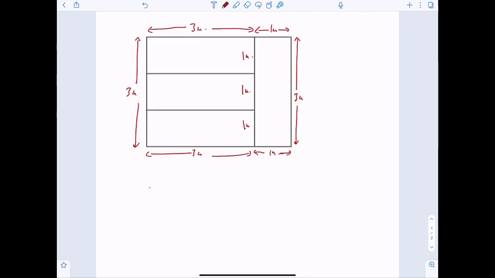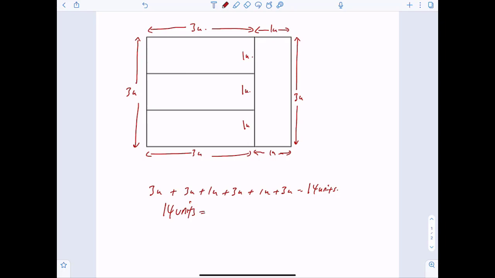Alright, so let's do that. 3 units plus 3 units plus 1 unit plus 3 units plus 1 unit plus 3 units is going to be equal to 8 plus 6, so that will be 14 units. Or you can just take 4 plus 4, that's 8, 8 plus 3, that's 11, 11 plus another 3, that is 14 units of length.